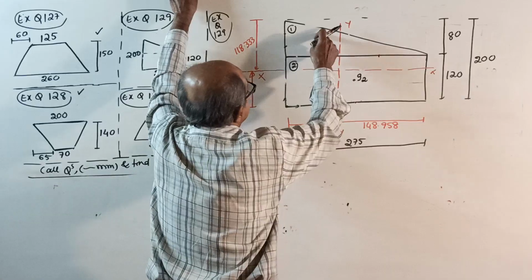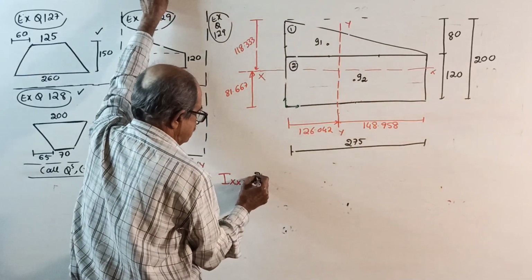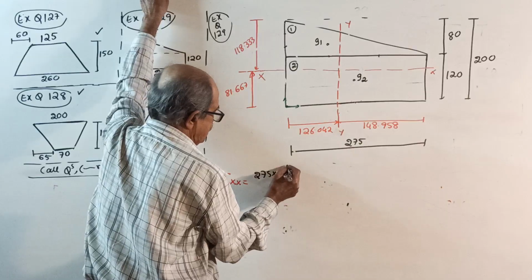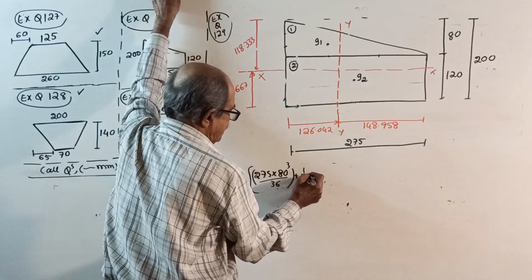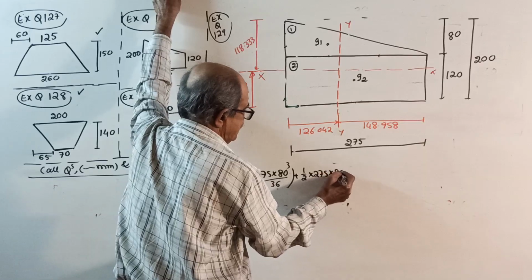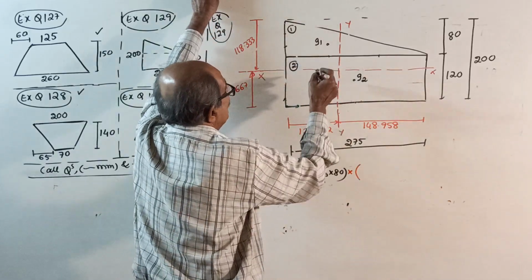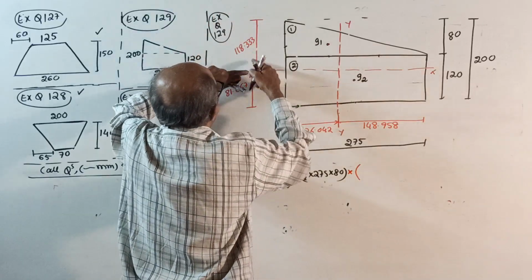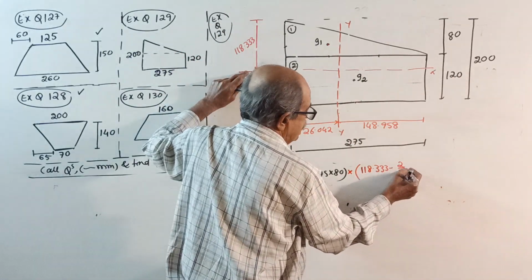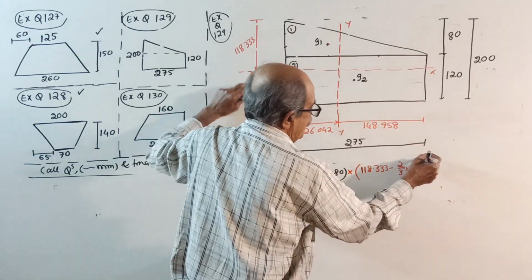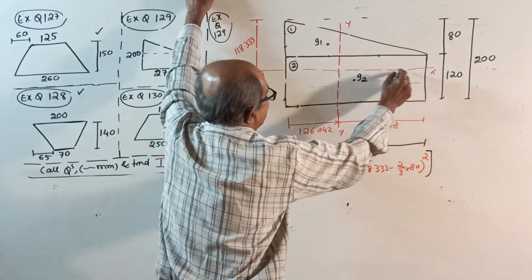First one, the triangle first, because number one is a triangle. 275 into 80 cube divided by 36 is Ig, plus half into 275 into 80 is the area, into the distance from here to here, which is 118.333 minus 2 by 3 of 80, whole square. That is for the triangle.